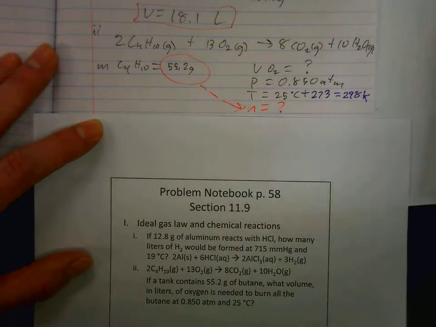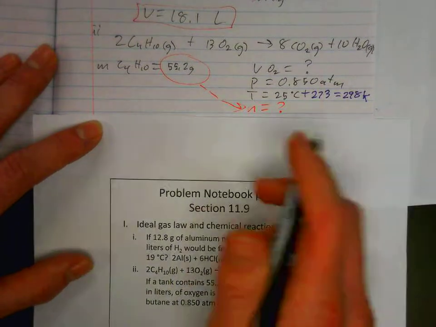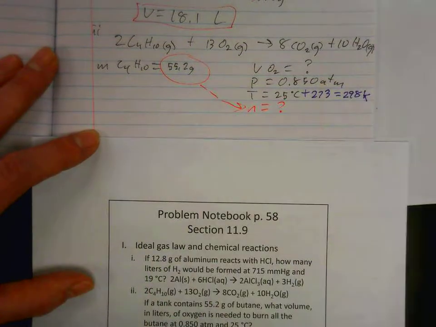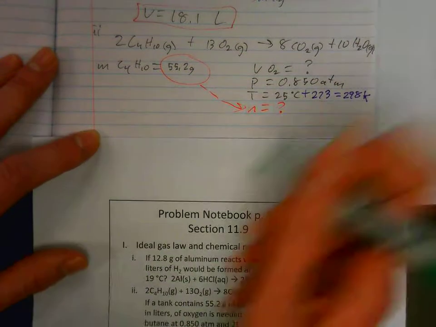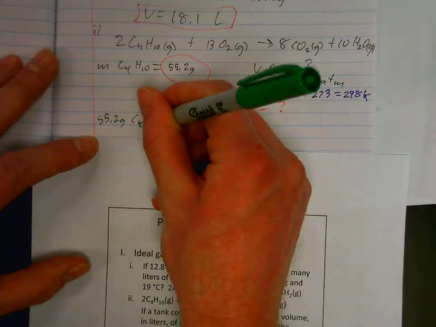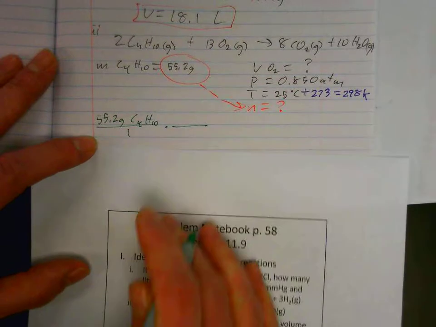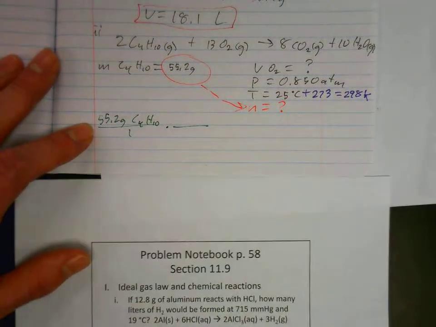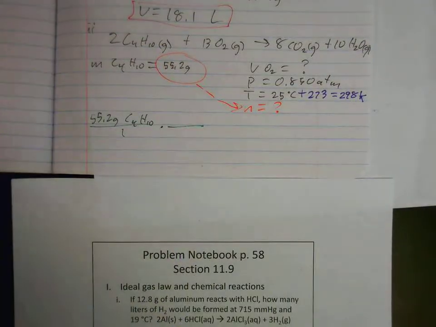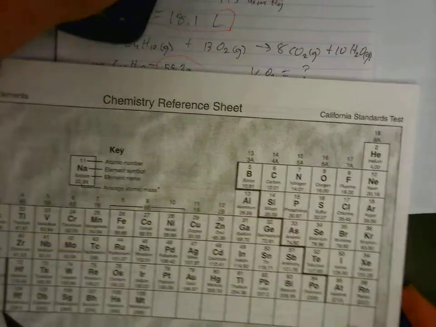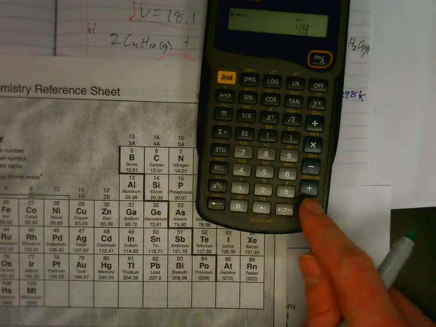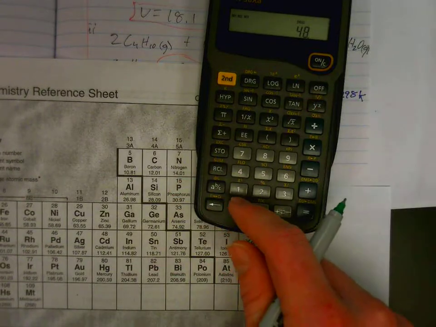So we have the starting value of 55.2 grams, and that's butane. We need the molar mass to convert that to moles. So carbon is 12, hydrogen is 1.01. 12 times 4 plus 4.04, 52.04.